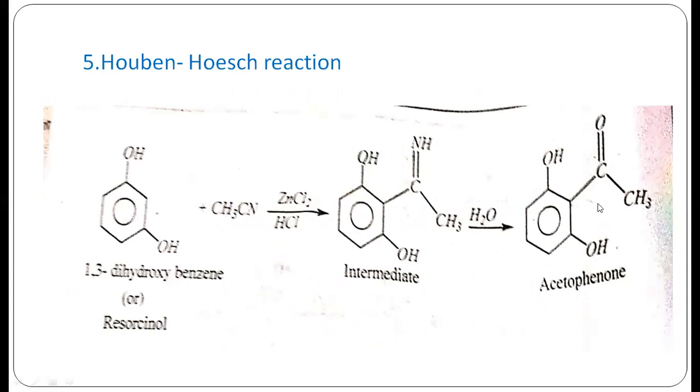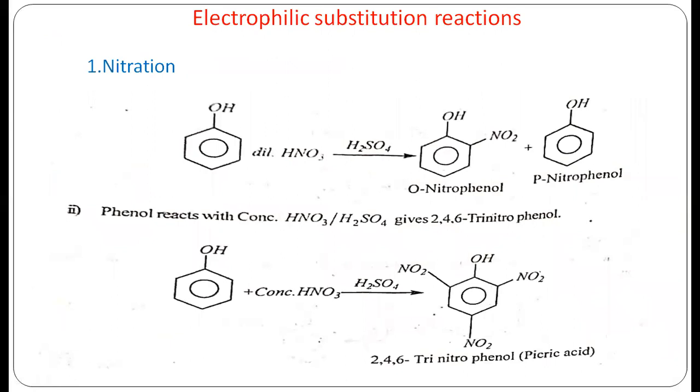We can take simple benzene as a reactant, as well as phenols or resorcinol. But the other reactant is methyl cyanide in the Houben-Hoesch reaction, whereas in the Gattermann reaction, the other reactant is HCl. So these are two named reactions that are very, very important.